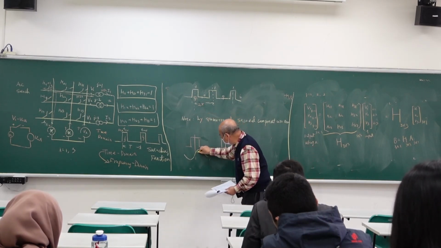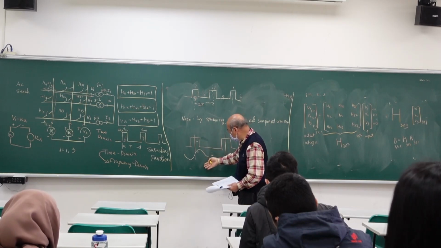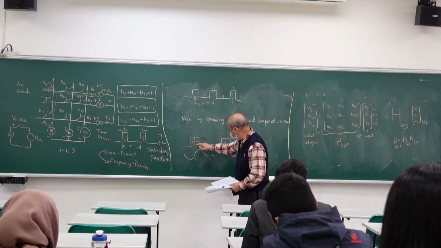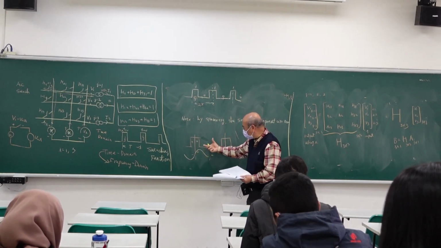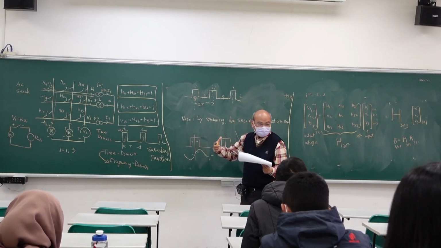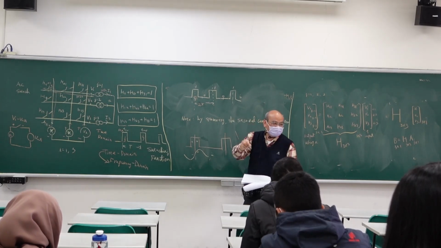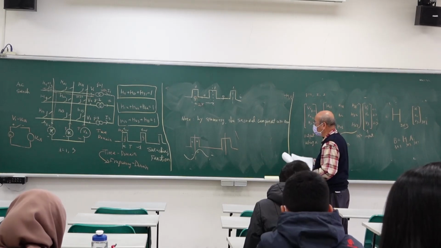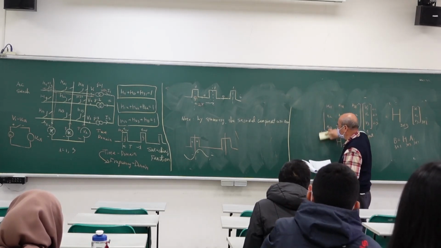This is plus, this is plus, so after you do multiplication, it becomes plus. This is minus, this is plus, this is minus. So after you multiply by sine, this is minus, this is plus. The average becomes zero, right? So you can make sure the sine component should be 0. We only have cosine.